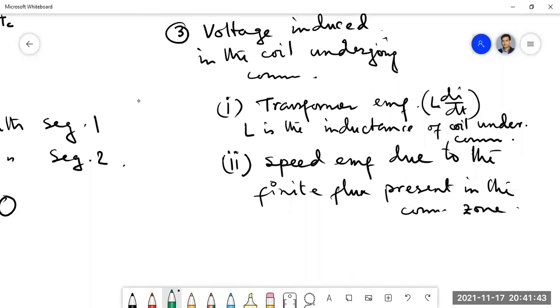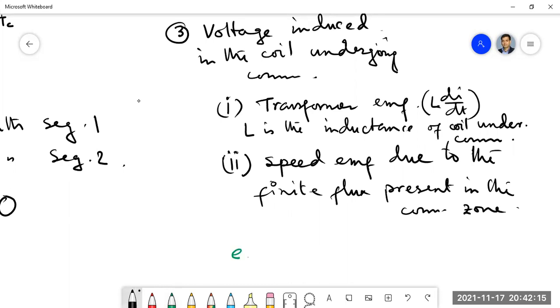So first, let us consider it is perfect. There is no armature reaction. Or somehow you have neutralized the flux in the location of that commutation. So only the inductance effects will be there, and if the inductance effect is there, then what voltage will be induced there?